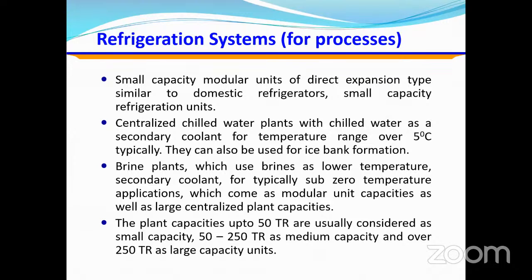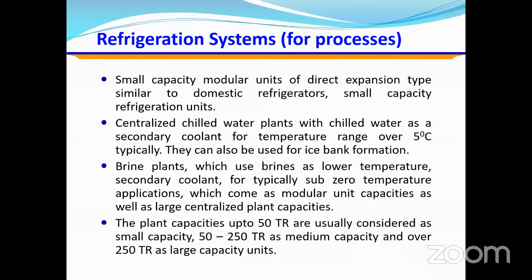The refrigeration system: small capacity modular units of direct expansion type similar to domestic refrigerators, small capacity refrigeration units, centralized chill water plants with chill water as a secondary coolant for temperature range over 5 degrees C. Typically, they can also be used for ice bank formation.